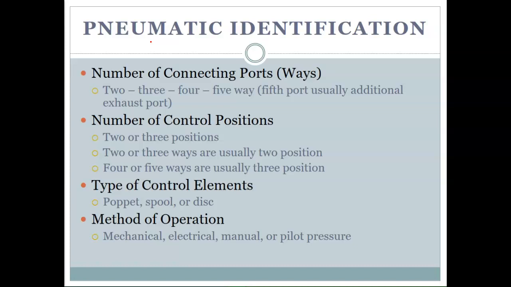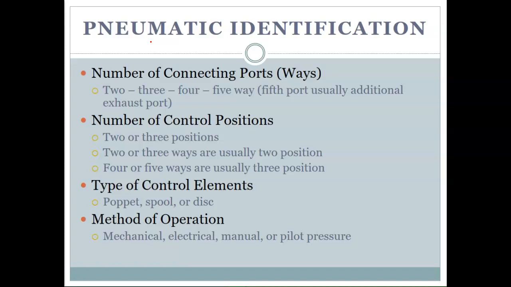So that's what's on the inside of these, and what it's used to control those ports. So you have a couple different ways we'll talk about, which are poppet, spool, or disc. The last thing we talk about, we don't really use that to describe them though. There's 3 things we need to use to describe these. The number of ways, the number of positions, and what is the method of operation.